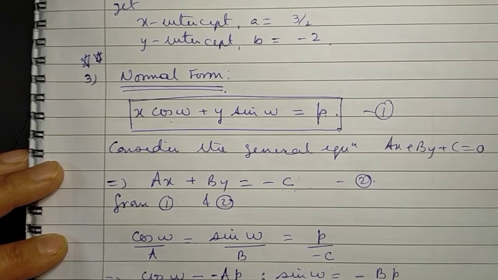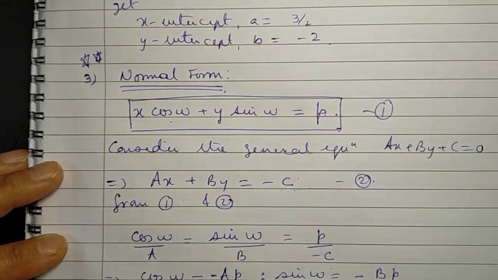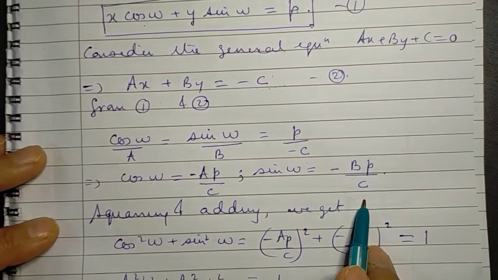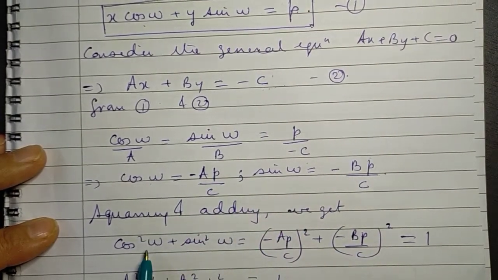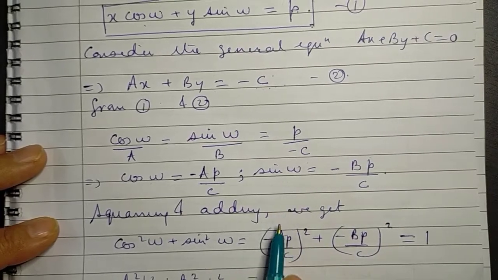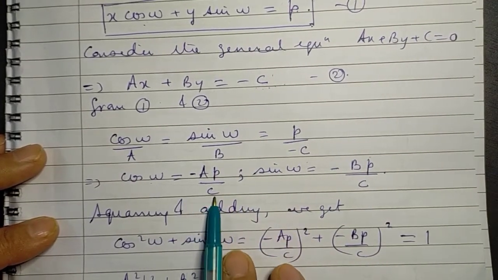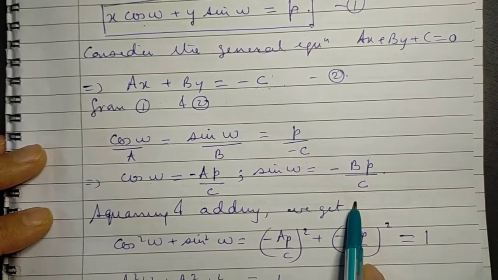Solving, we get cos omega is minus ap over c, sin omega becomes minus bp over c. Squaring and adding these two, we get cos squared omega plus sin squared omega equal to minus ap over c whole square plus minus bp over c whole square.